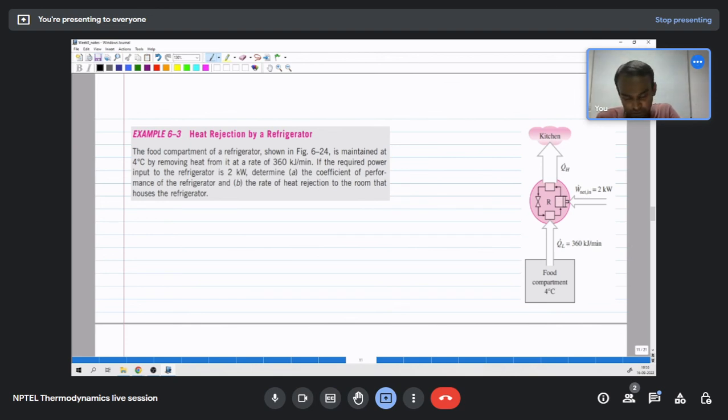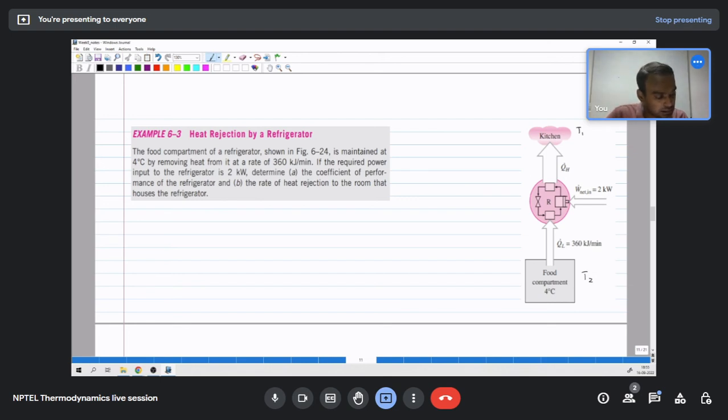If the required power input to the refrigerator is 2 kilowatt, determine the coefficient of performance of the refrigerator and the rate of heat rejection to the room that houses the refrigerator.